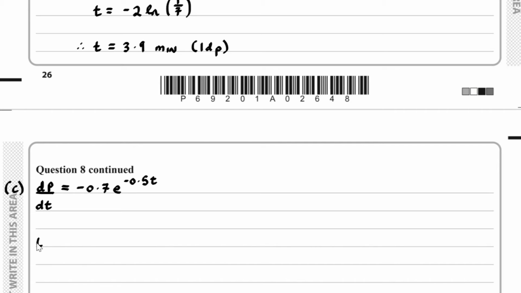And when t is equal to 2, dp over dt is equal to minus 0.7 e to the power of minus 0.5 multiplied by 2. So let's work out what this is.